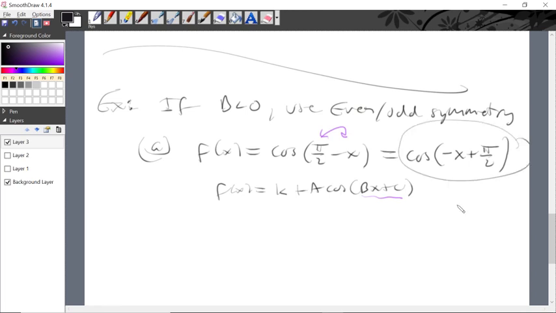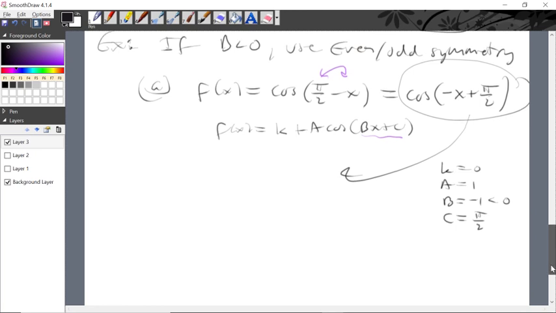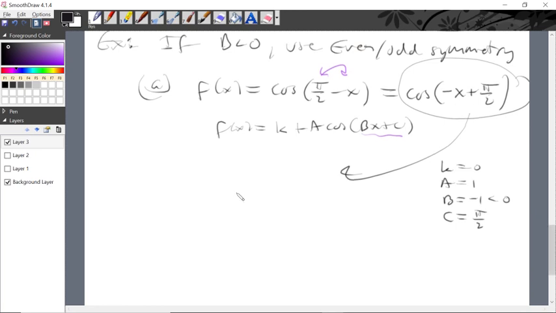And let's take a closer look at this. Here we have k is equal to 0, a is equal to 1, but b right now is equal to -1, and that's less than 0. C right now is equal to pi over 2, if we write it in this form.